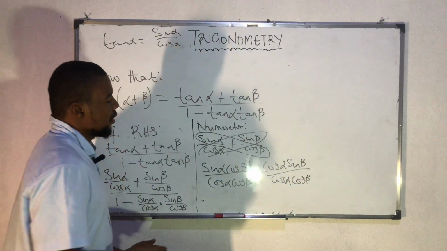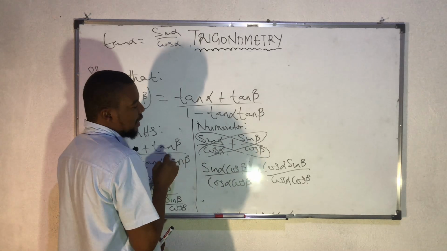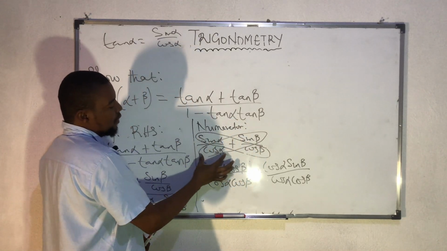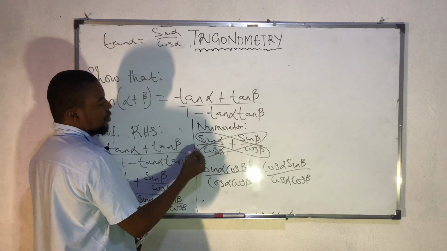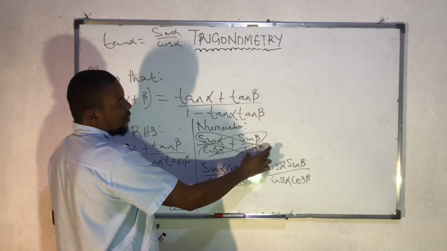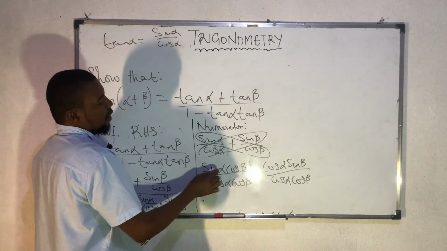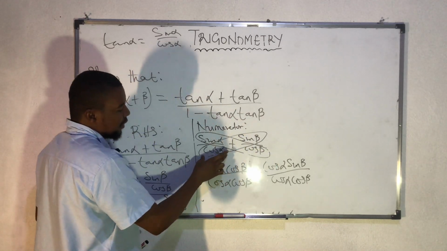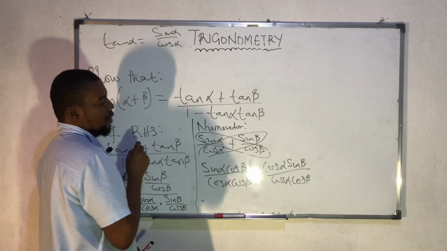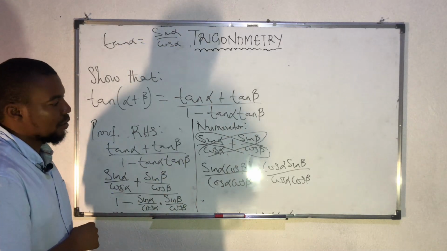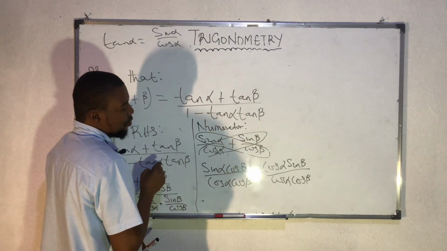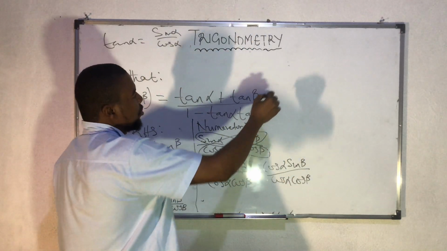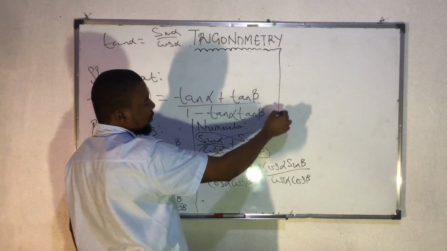Like I said earlier, whenever you have a fraction like this, just multiply the numerator and denominator of the left with the denominator of the right, and everything on the right shall be multiplied by the denominator of the left. And with that, you'll get the common denominator, thereby making it easy for you to combine them as a single fraction.